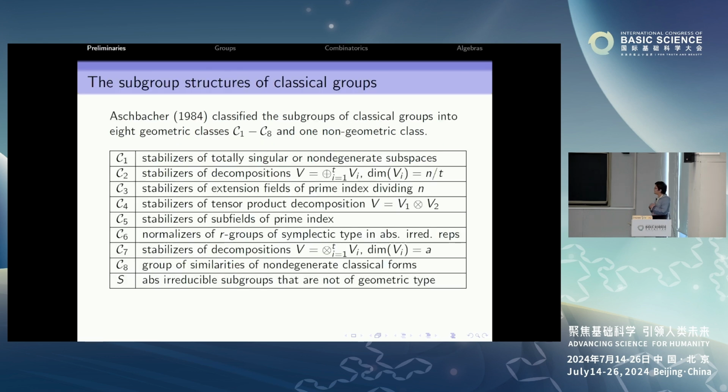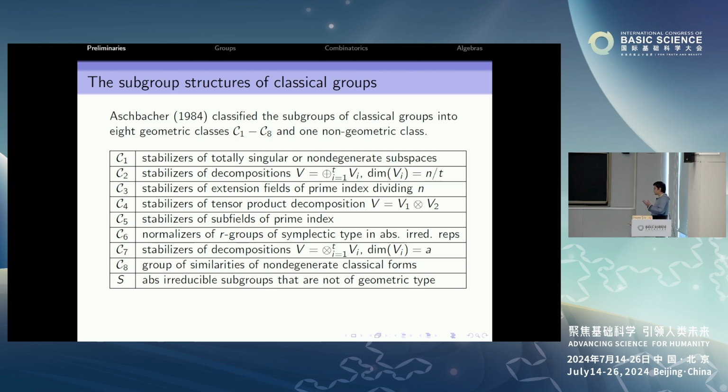So first, the subgroup structure of classical groups. In 1984, Aschbacher classified the subgroups of classical groups into 8 geometric classes, C1 to C8, and 1 non-geometric class.